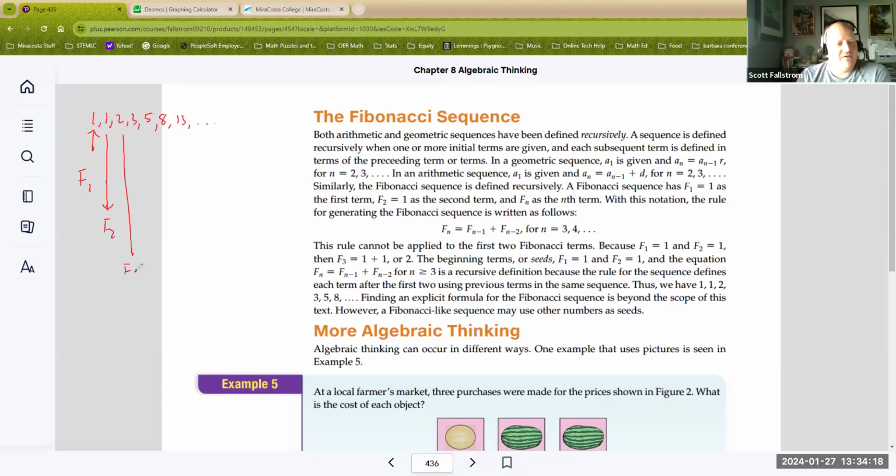This one would be F3. That's the Fibonacci notation, but it's really just sequence notation, just a capital F because we know it's part of the Fibonacci. For your homework problem, they didn't give you this very first one, so you would start here. You could call that, instead of F, T1, term 1. The next one is T2, term 2, and so forth. That might help you see a connection.